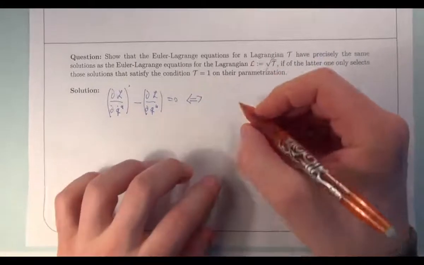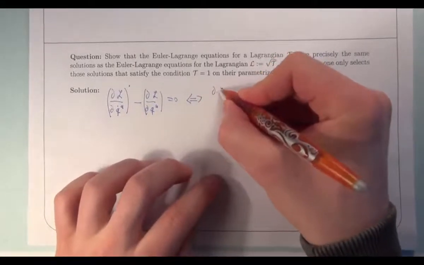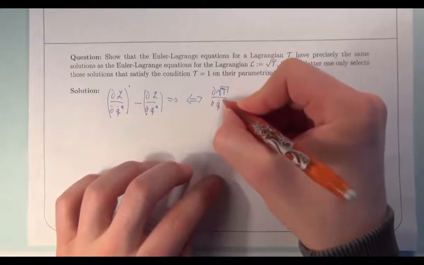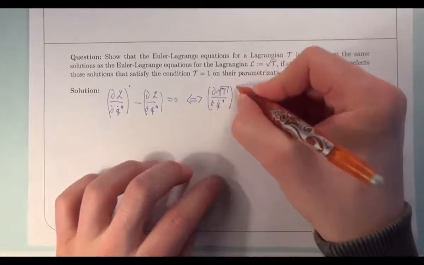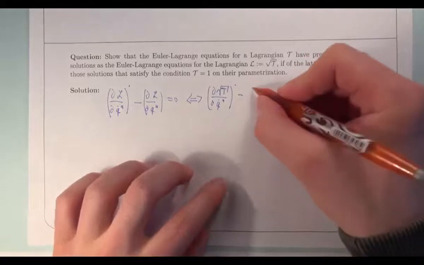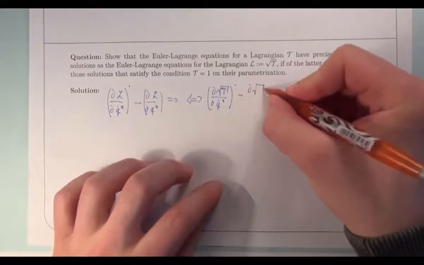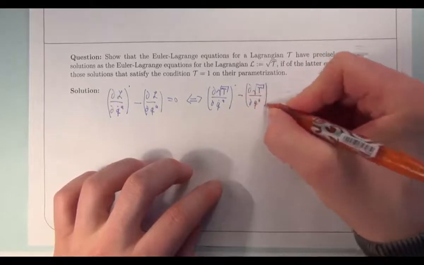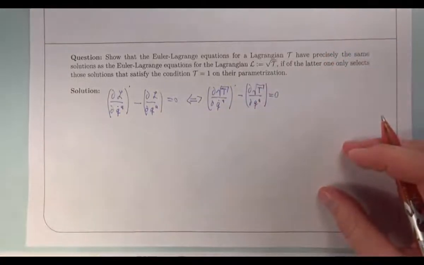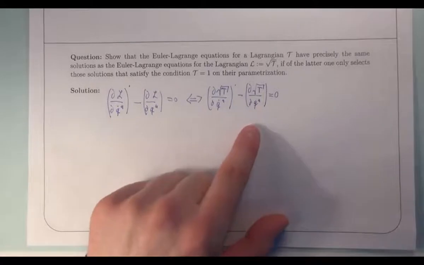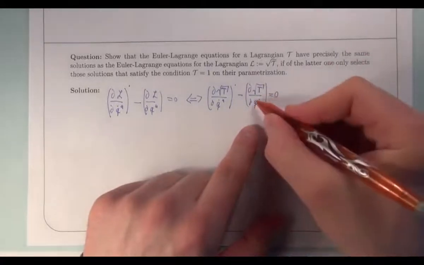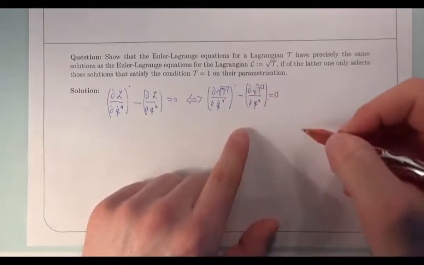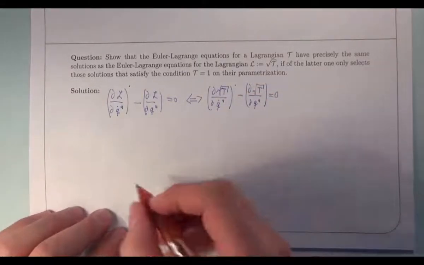This is equal to d/dλ of d square root of T after dq dot a, minus d square root of T after dq a, equals 0. We now have to do two things. We can first apply the chain rule in both parts.